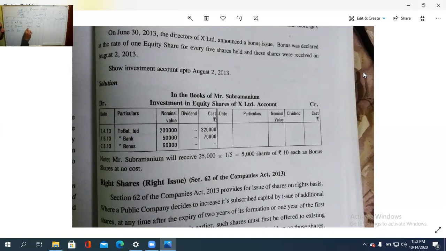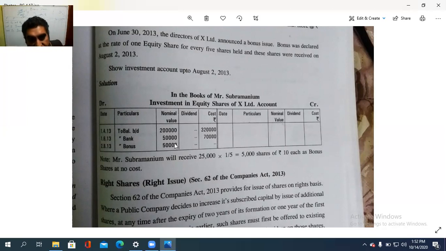So 50,000 for the nominal value, 70,000 for the principal value. So now the number of shares is 25,000. For every 5 shares held, 1 share. അപ്പോൾ ഇയാള് ഹോൾഡ് ചെയ്യുന്ന 5 ഷെയറിന് 1 ഷെയർ കൊടുക്കണം. So 1:5 ratio here. Therefore, 25,000 1/5 എടുക്കണം. So 5,000 ഷെയർ 10 രൂപ വെച്ച് അയാൾക്ക് ബോണസ് ആയിട്ട് കിട്ടും. അതാണ് ഈ കാൽക്കുലേഷൻ.